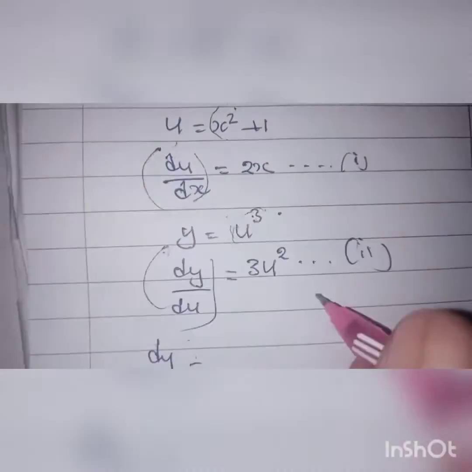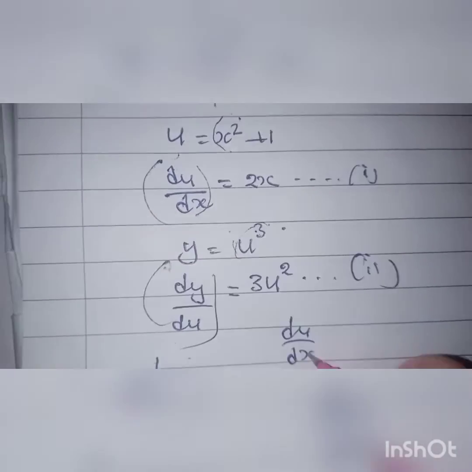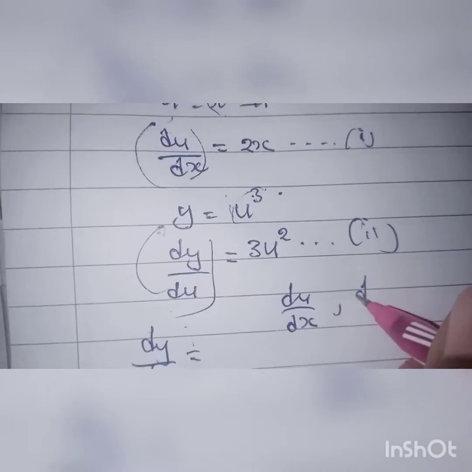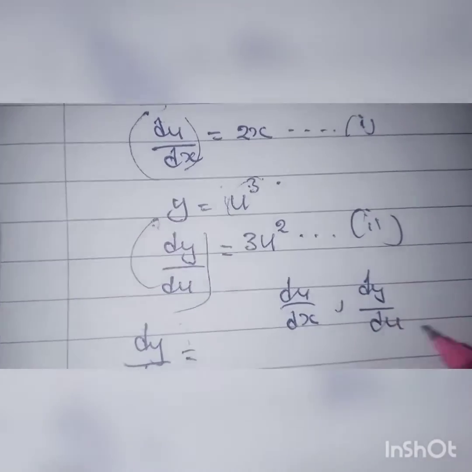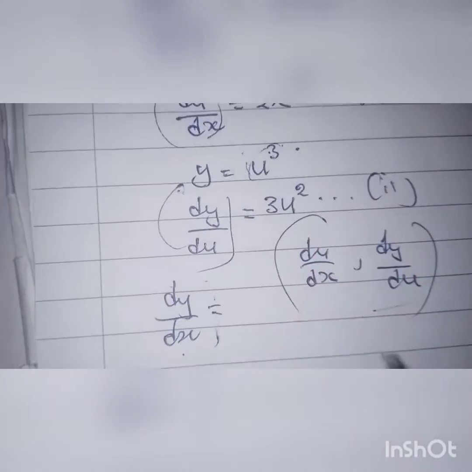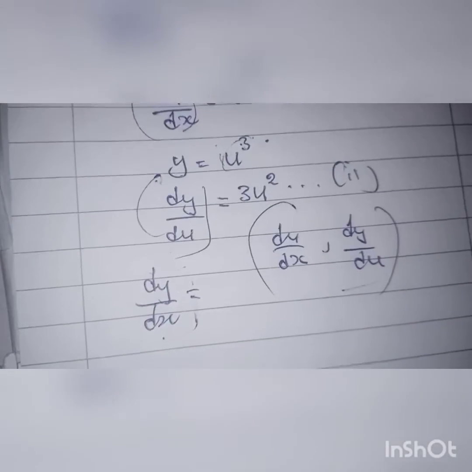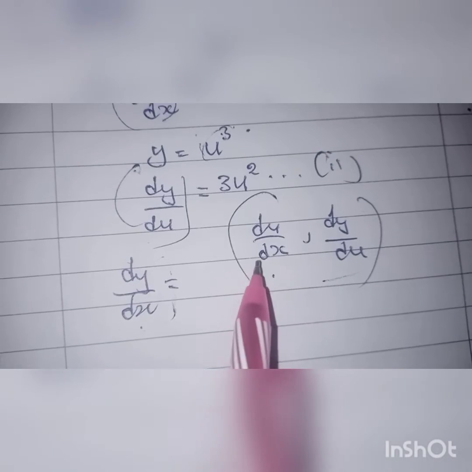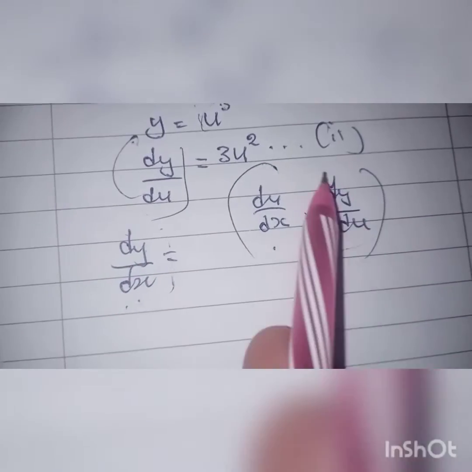Suppose the first function is du dx, and the second function is dy du. Just write them like that. Now, ask yourself, what should you do to come up with dy dx from the two functions?